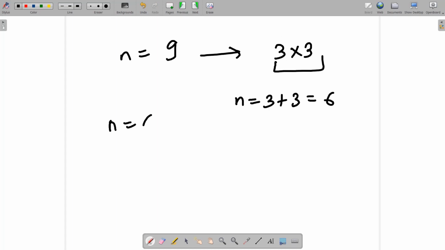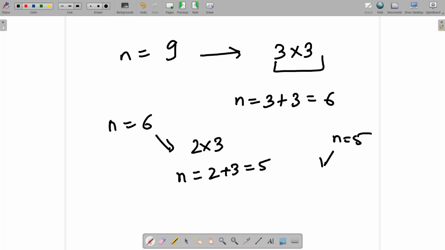Now again n is 6, so you find the prime factors, which are 2 into 3. So you replace n with 2 plus 3, which is going to be 5. Now n is 5. When you find the prime factors of n equal to 5, you will get only 5. So 5 is replaced again by 5, so you need to stop. Our final value of n is going to be 5.